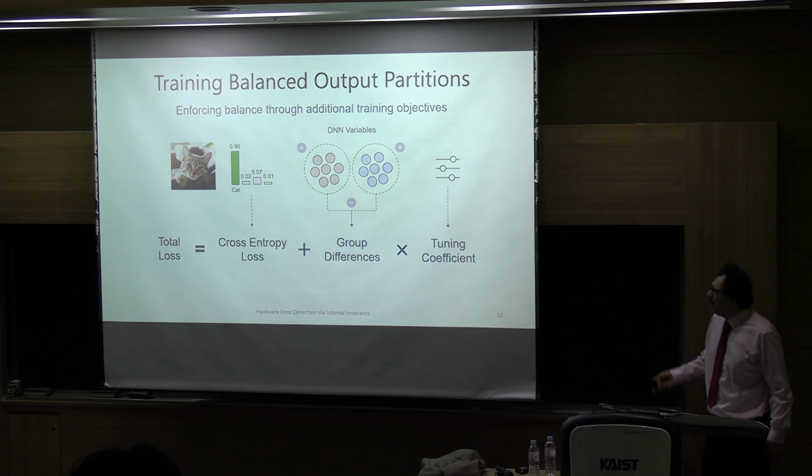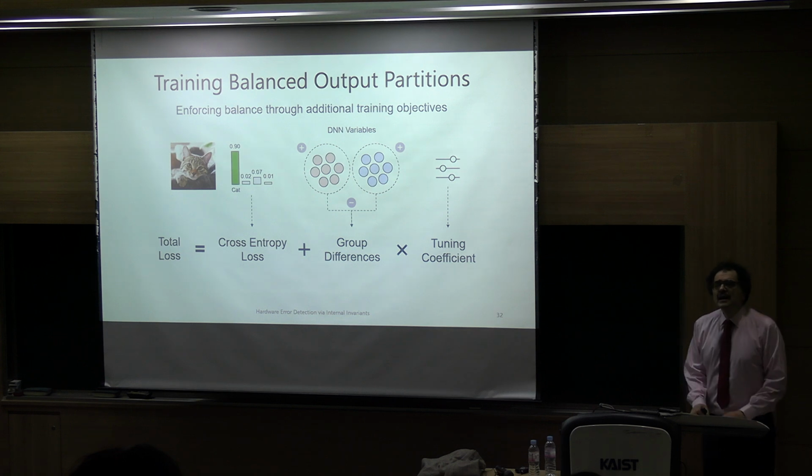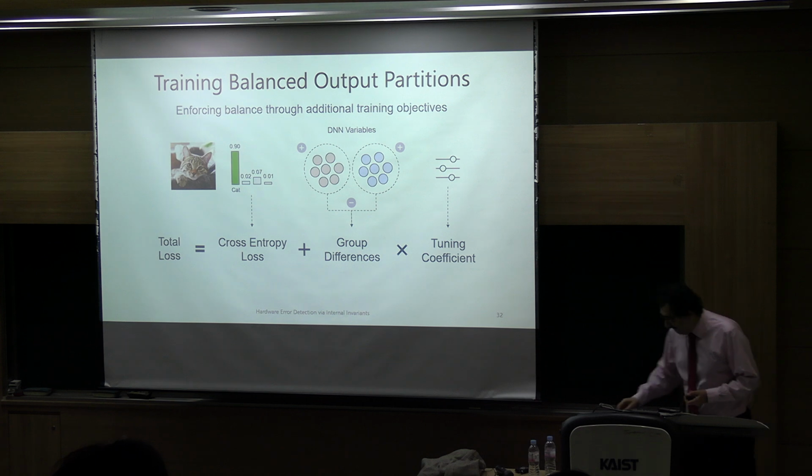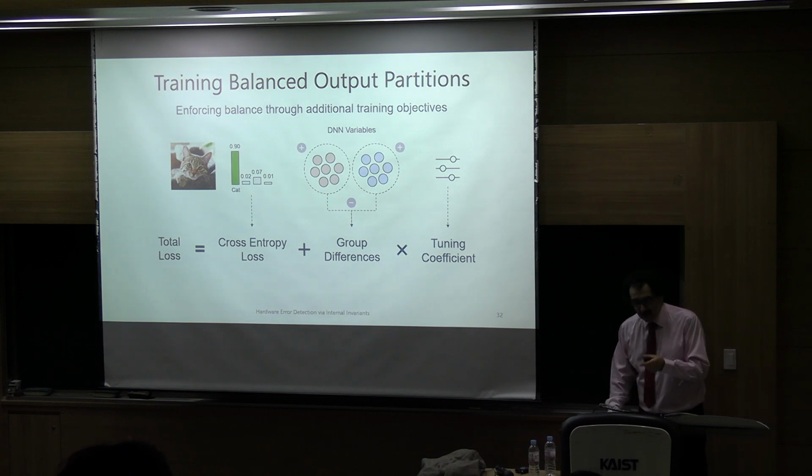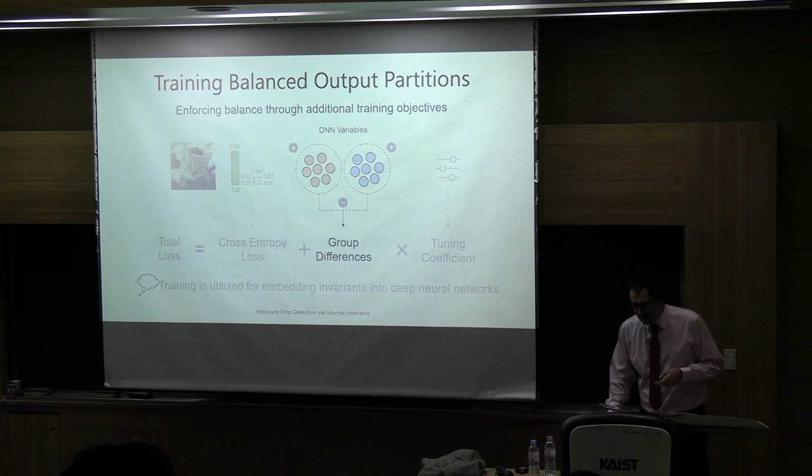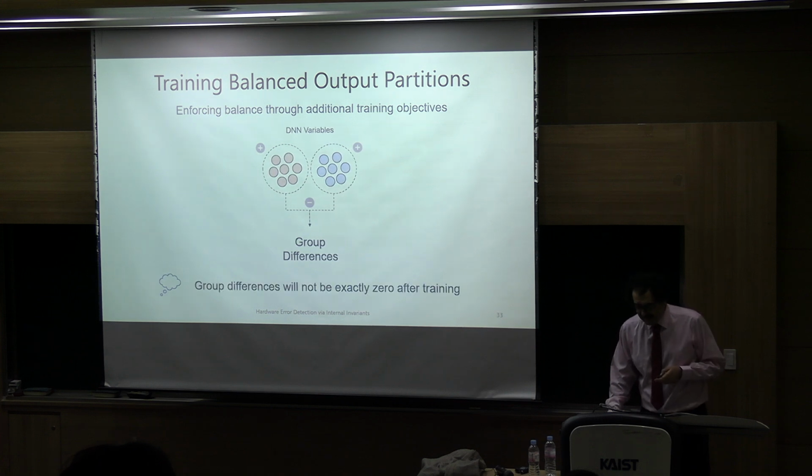There is a little bit of a tuning coefficient to make sure the two constraints don't get in each other's faces. So this was the perspective, and training was utilized for embedding these invariants into the system.